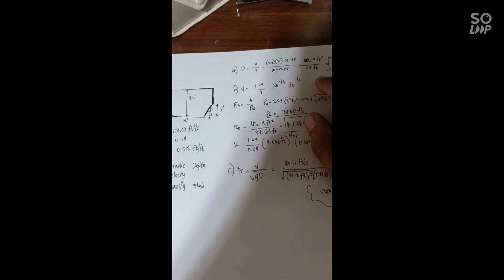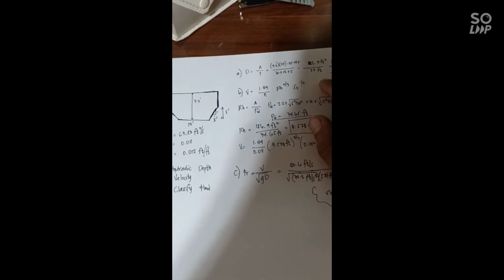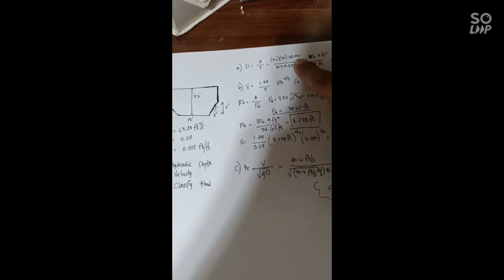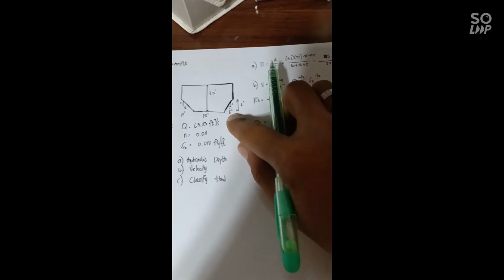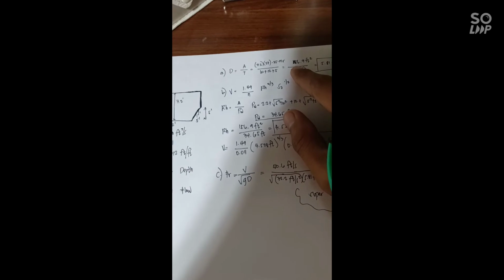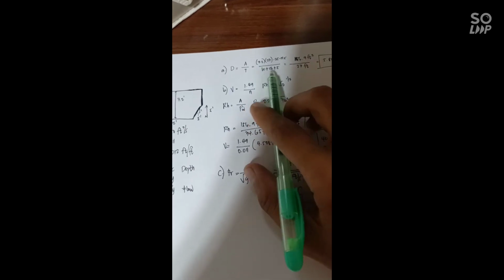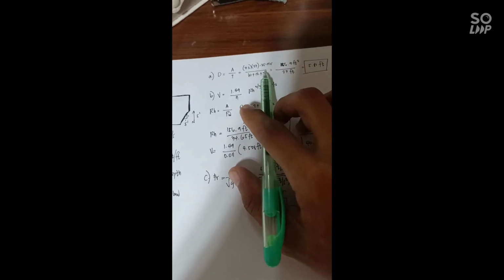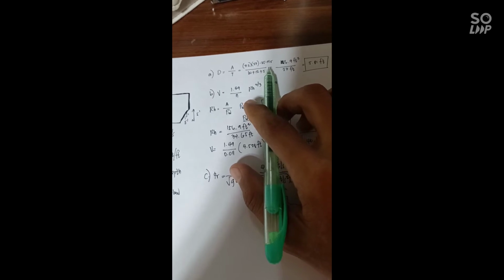We divide it by 2, so that's 25. And 5 times 5 is equal to 25, and half of 25 is 12.5, so we subtract 25 minus 12.5.